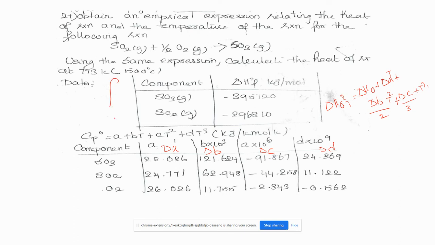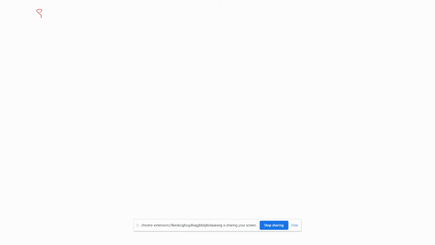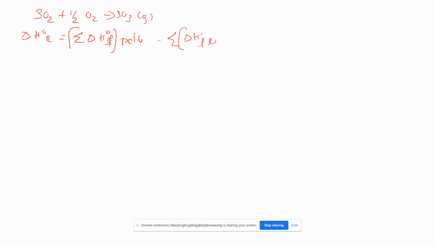For this we will first find del H0 R, that is the standard heat of reaction, which is sigma of del H0 f of products minus sigma of del H0 f of reactants.